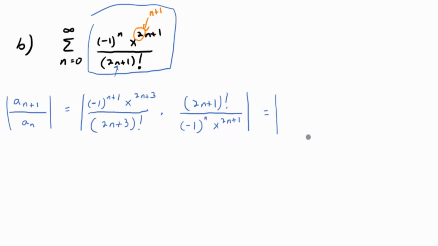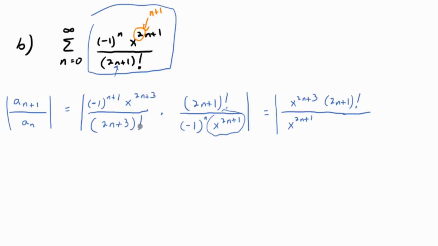So still keep the absolute value around, and we have x to the 2n plus 3 on top, and there is a 2n plus 1 factorial left on top. And then I'll put the x to the 2n plus 1 underneath, the like base. So this guy underneath the like base.